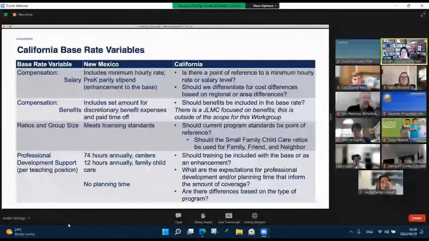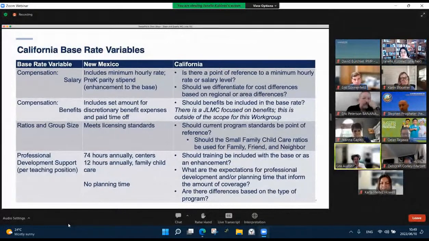Please go ahead. I think it would be confusing to introduce another set of standards for ratios from what already exists. I mean, I think there could be reasons to do so, but I think it would just be confusing. It would be adding another layer.